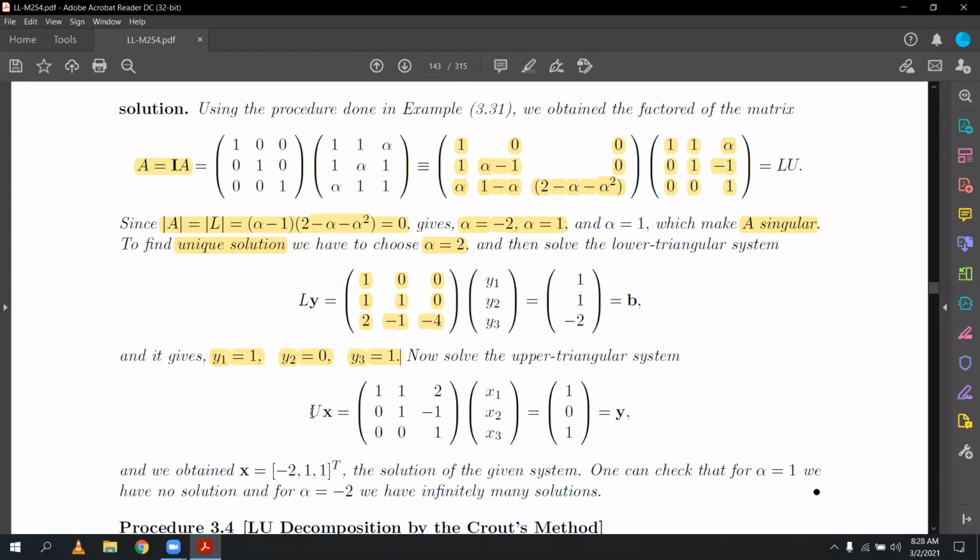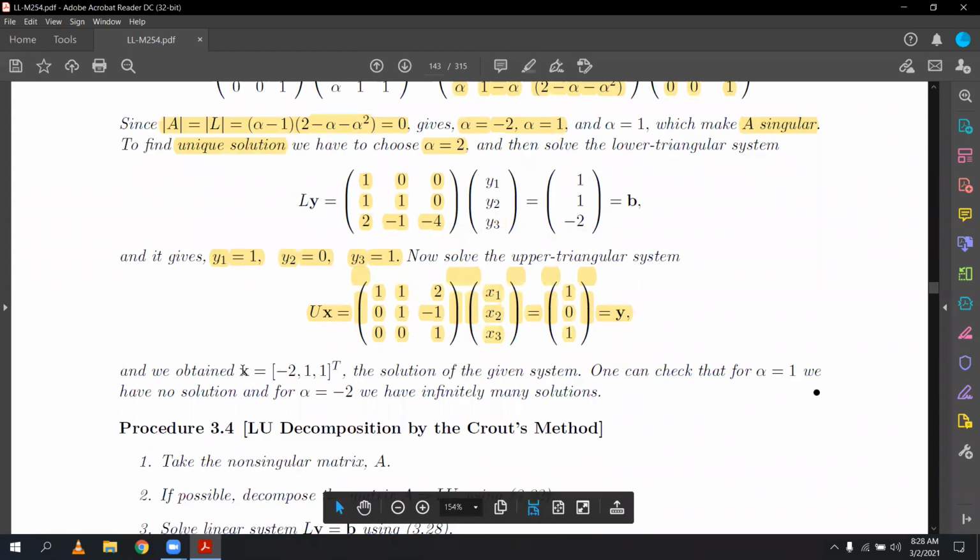Then you solve by backward substitution for this system, and inshallah you will get the required unique solution of the linear system we have here.